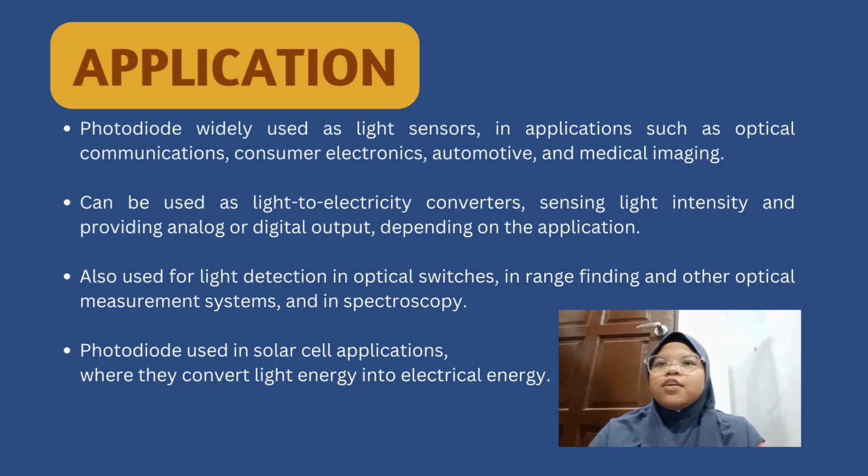Secondly, photodiode can be used as light to electricity converter, sensing light intensity and providing analog or digital output depending on the application. Next, photodiode is also used for light detection in optical switch, in range finding or other optical measurement system, and in spectroscopy.